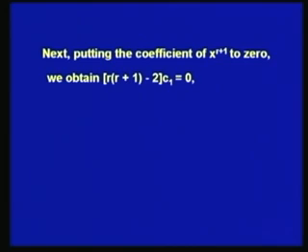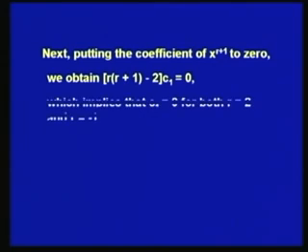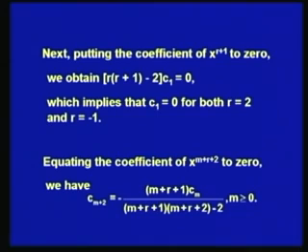Now, put the coefficient of the next higher power of x to 0, that is the coefficient of x to the power r plus 1 when equated to 0 gives us (r(r plus 1) minus 2) C1 equal to 0. And if you put r equal to 2 or r equal to minus 1, you can see from this equation that for both these values of r, C1 turns out to be 0.